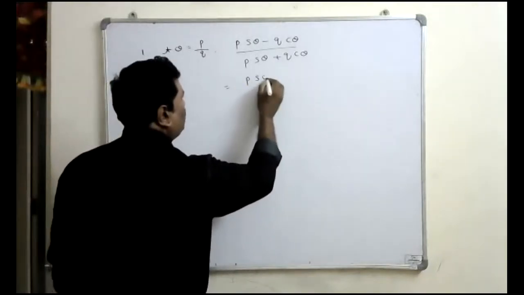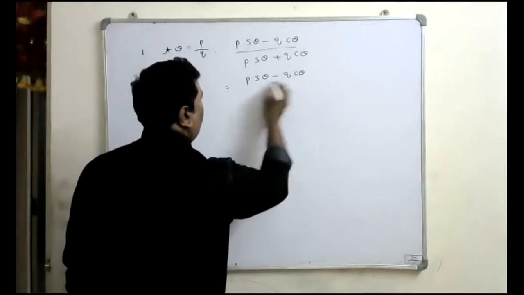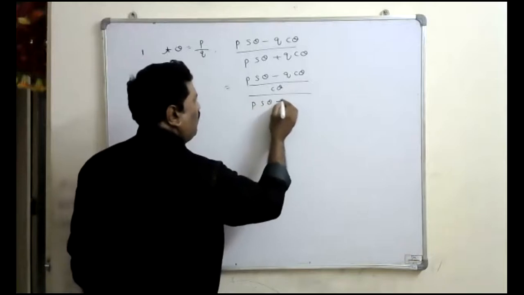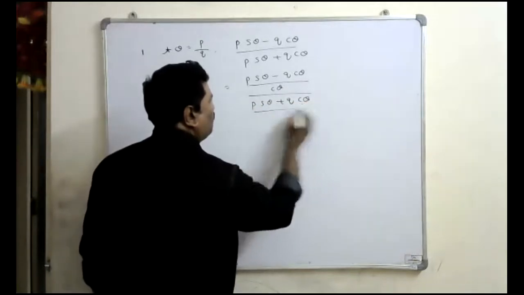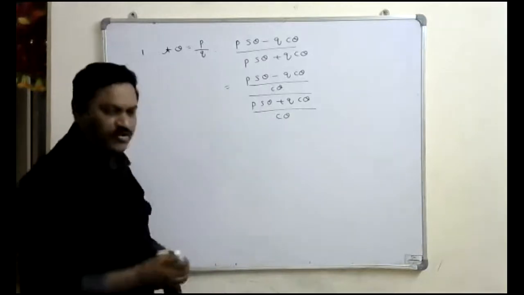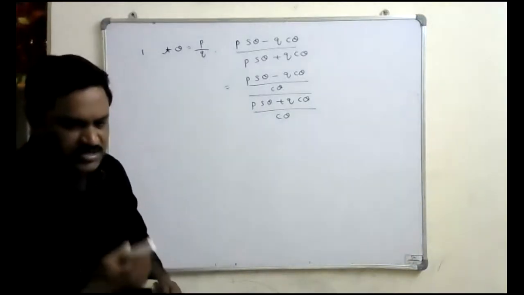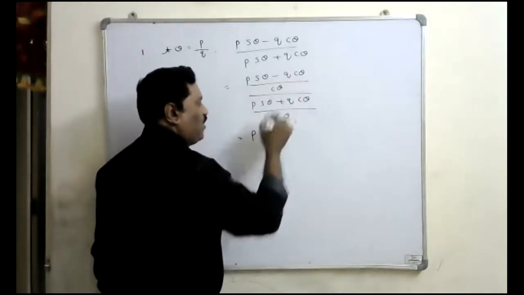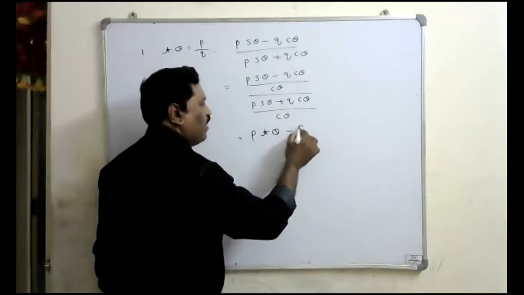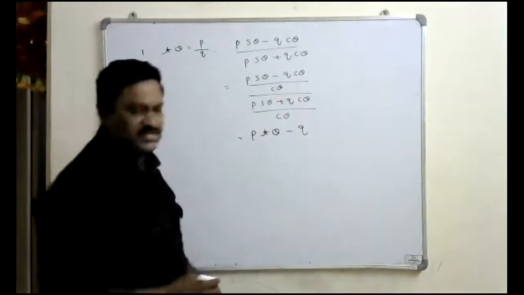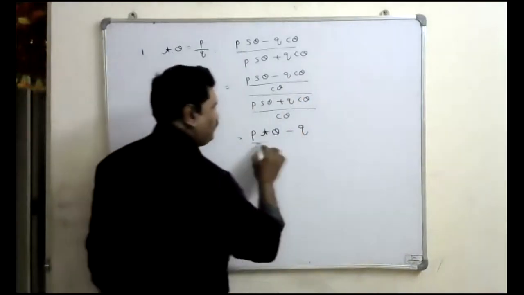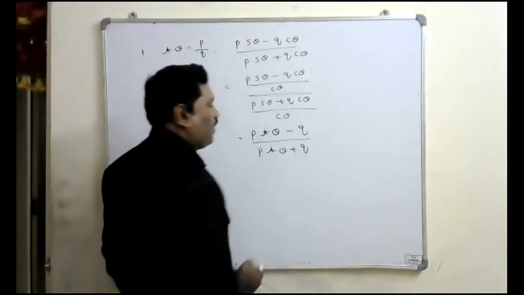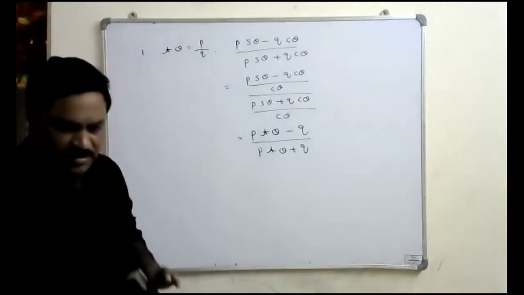So it is (P sin theta minus Q cos theta) upon cos theta, upon (P sin theta plus Q cos theta) upon cos theta. If we do so, then it is P times sin theta upon cos theta, which is the tan theta, minus Q, where cos theta is getting cancelled in the second term, upon P tan theta plus Q. Means the problem converted in terms of the tan theta.